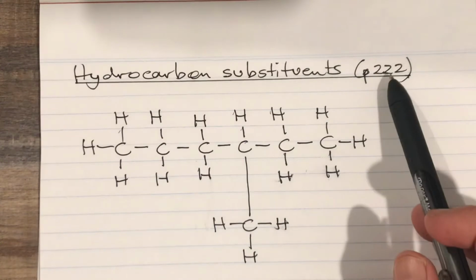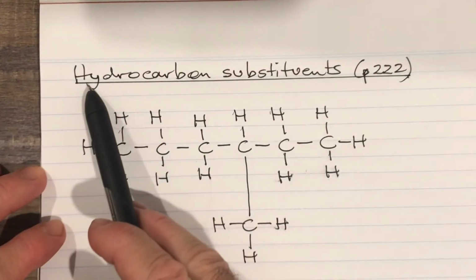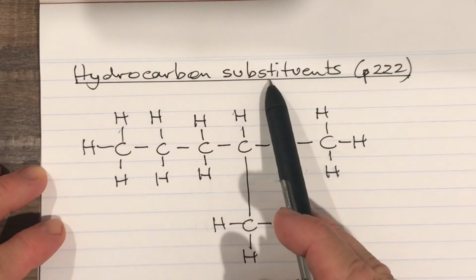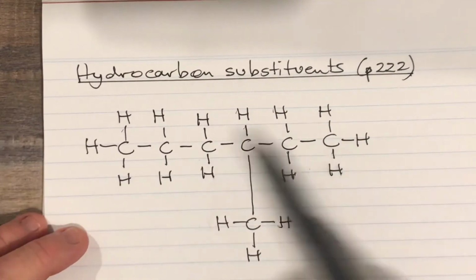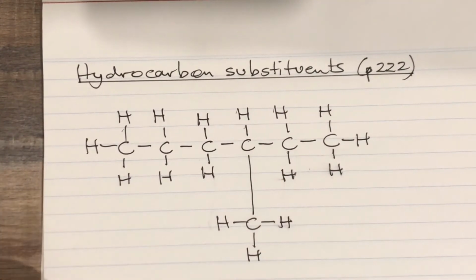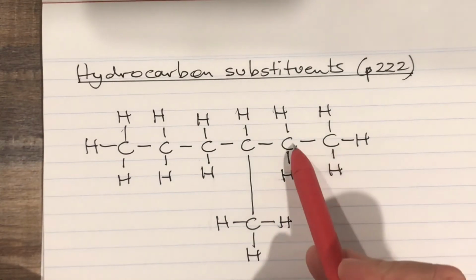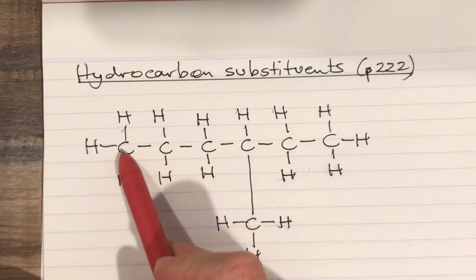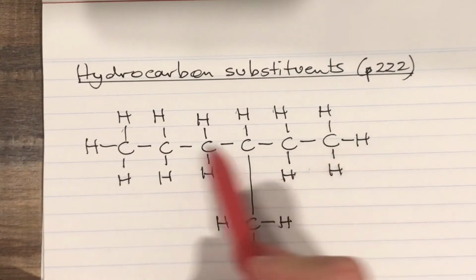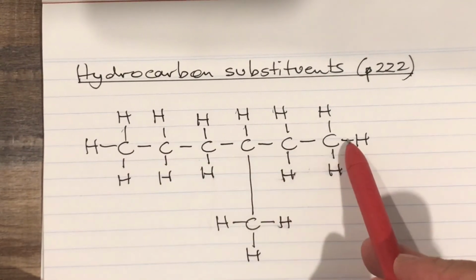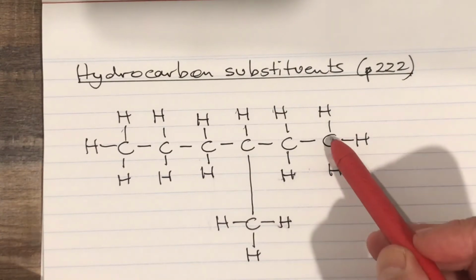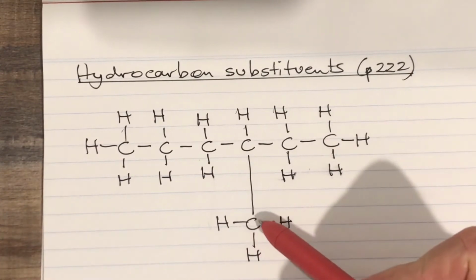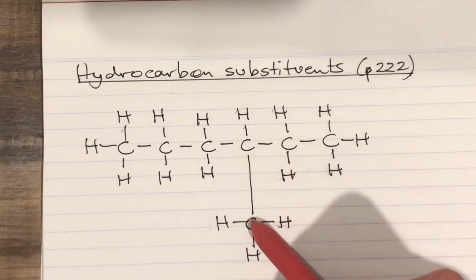We're up to page 222 now, and we're about to look at hydrocarbon substituents. Now what's a substituent? Well, let's have a look at this compound. It's got 1, 2, 3, 4, 5, 6 carbons in its main chain. Or is that the main chain? Let's have a look, because there's another carbon here. 1, 2, 3, 4.